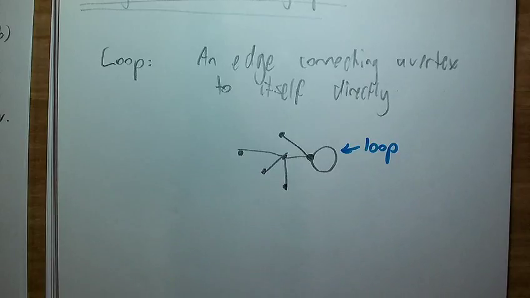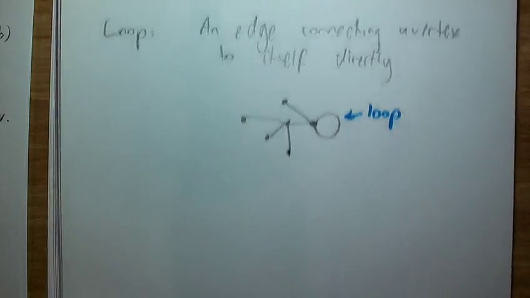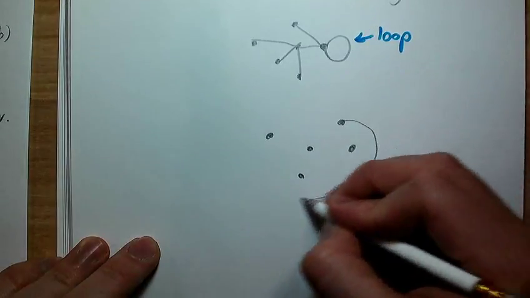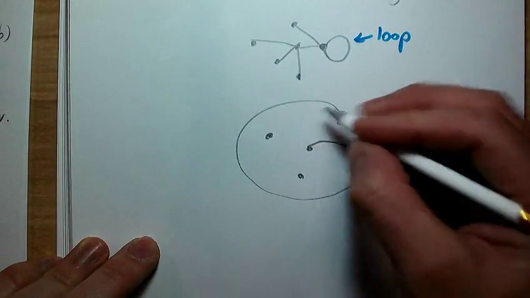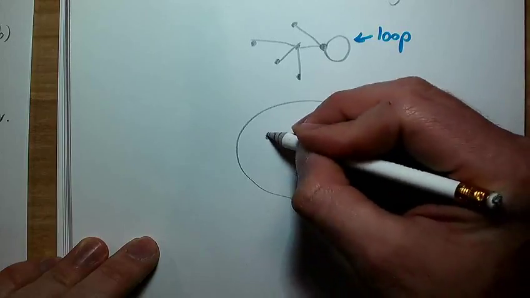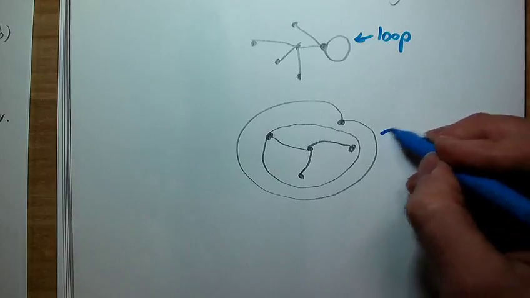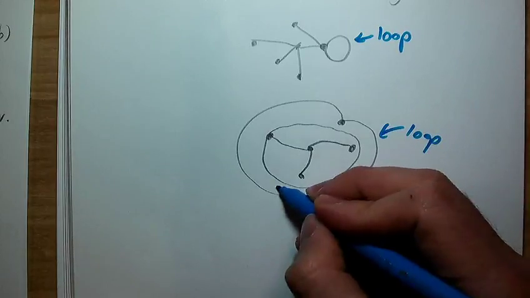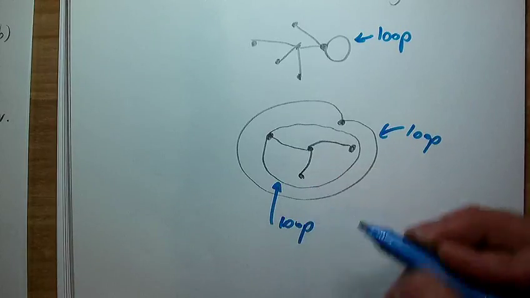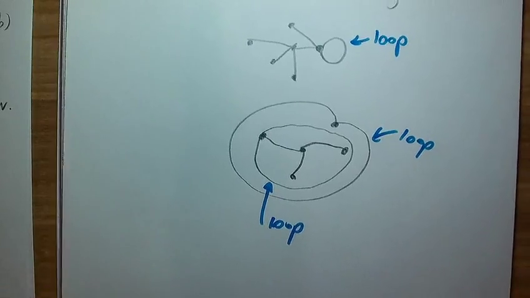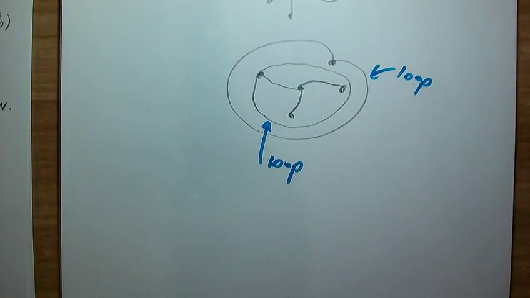There's a loop. It doesn't have to be nearly so simple. Right, yeah, loop. Okay, nothing stopping you from drawing it round the outside other than confusing the person who's reading it, but sometimes that's the point. That's a loop.